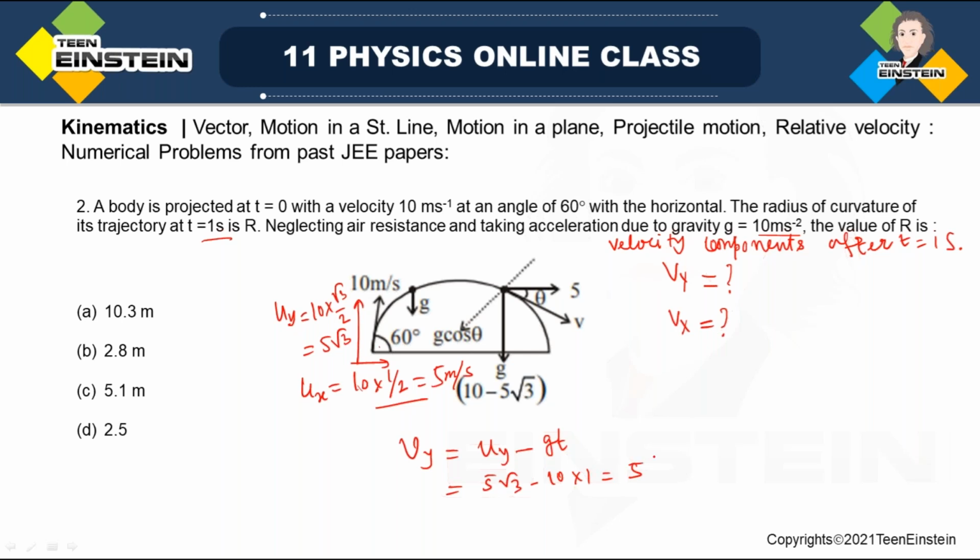So you get actually 5 root 3 minus 10. Okay, let us just keep it like this, 5 root 3 minus 10.